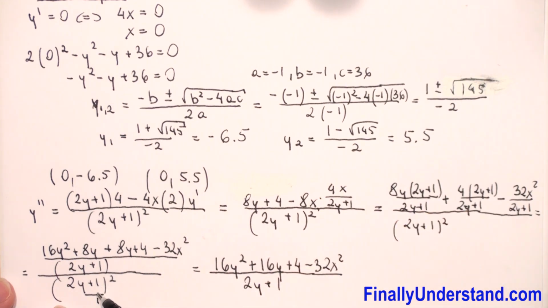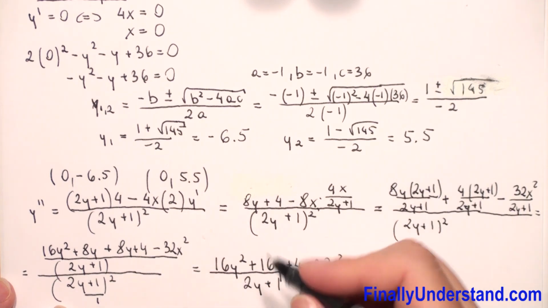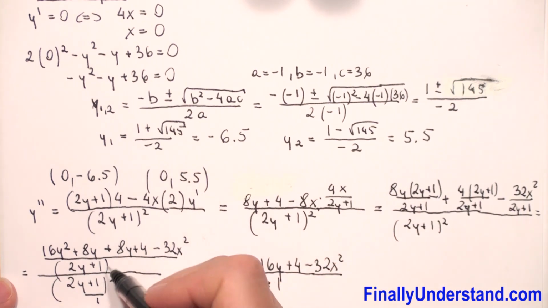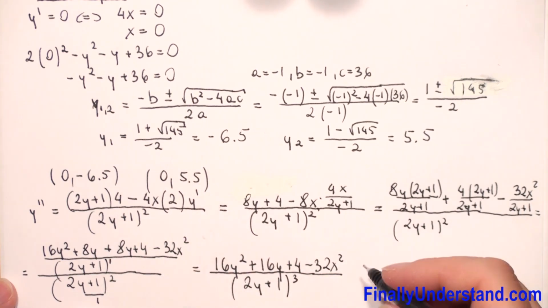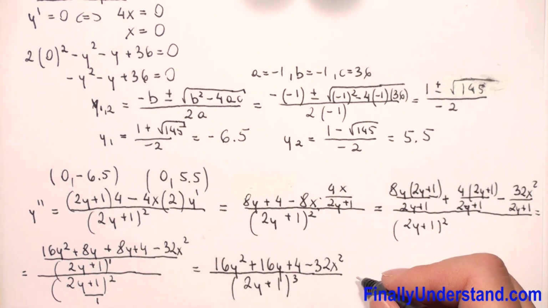And when I flip this, 2y plus 1 to the second power will be in the denominator, and here we have the first power, so it will be 2y plus 1 to the third power. This is our second derivative.